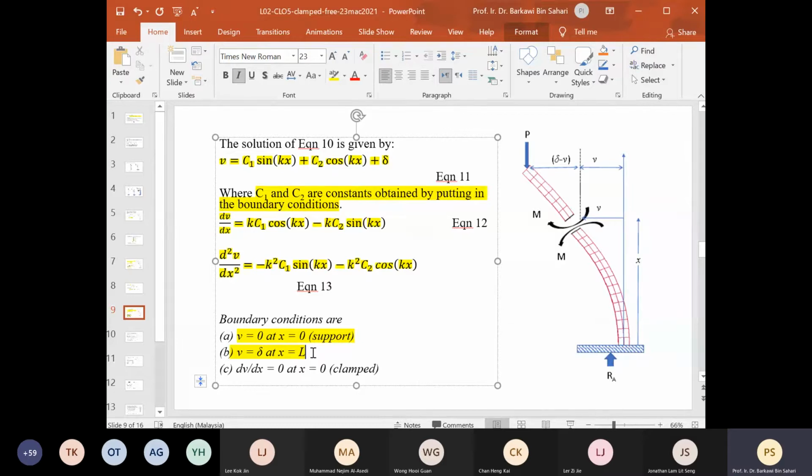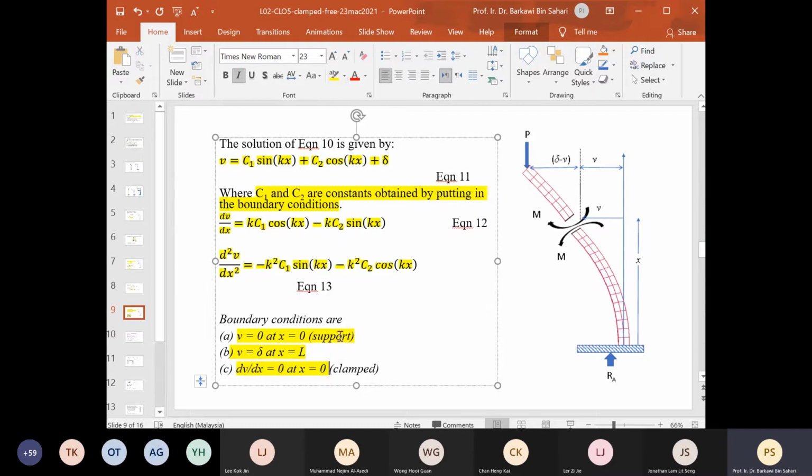And delta is the quantity we put in to identify that location. So it is the free end. Boundary condition number 3 or C is dv/dx equal to 0 at x equal to 0.